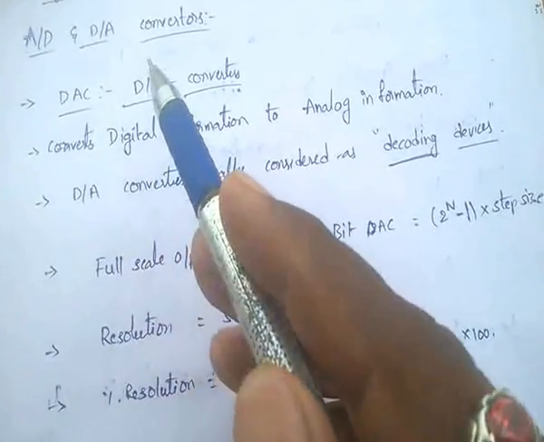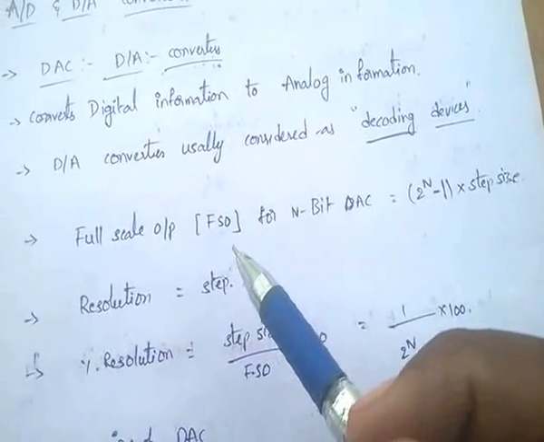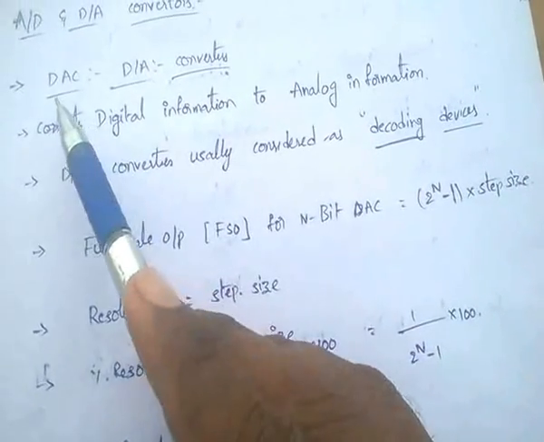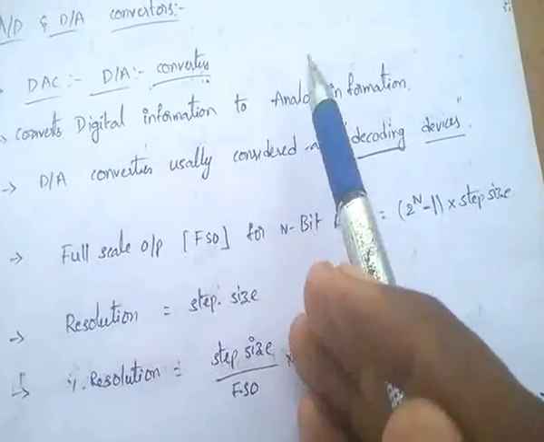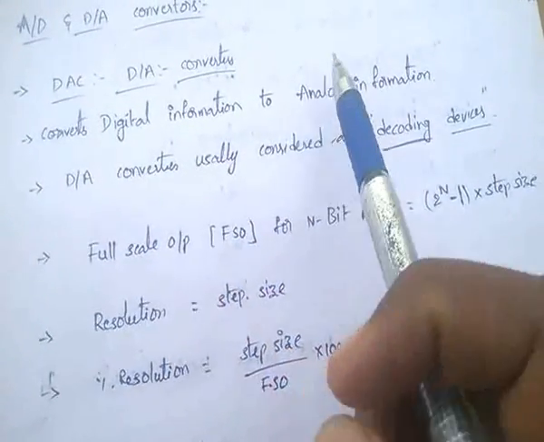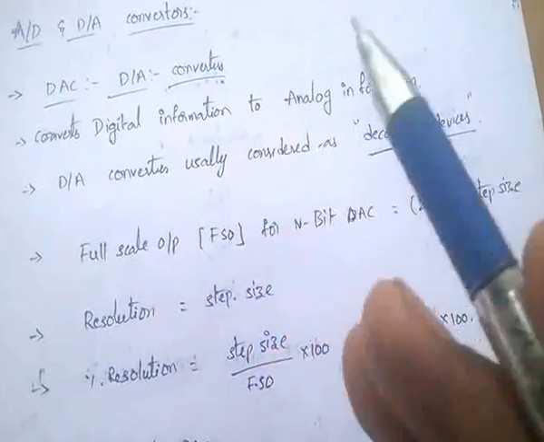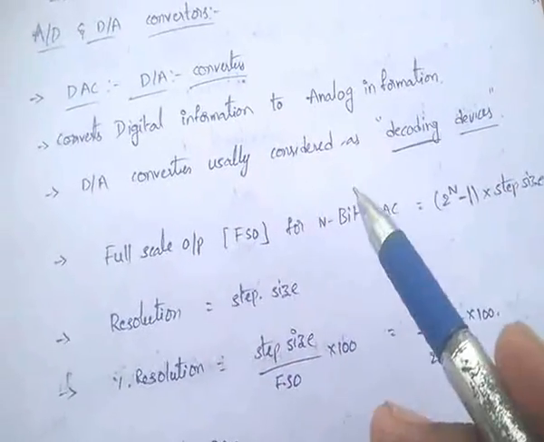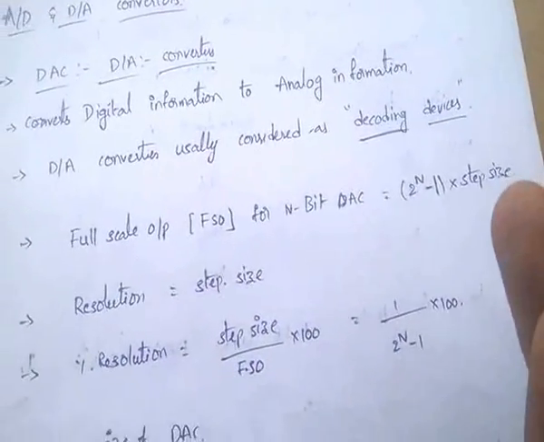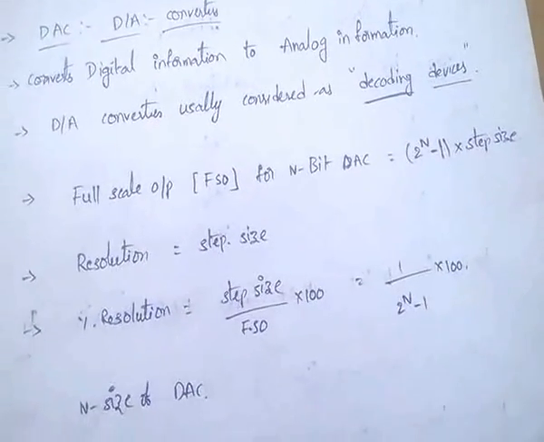So digital to analog converters are considered as decoding devices. Coding means converted into digital. Decoding means from digital to any other.